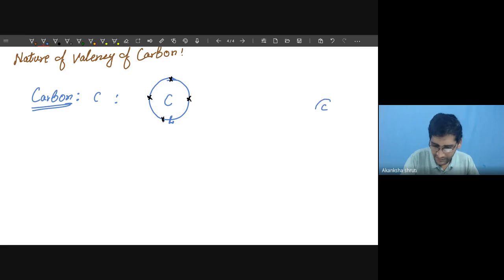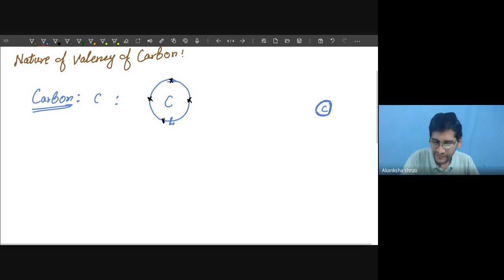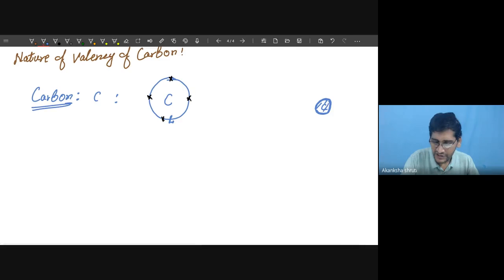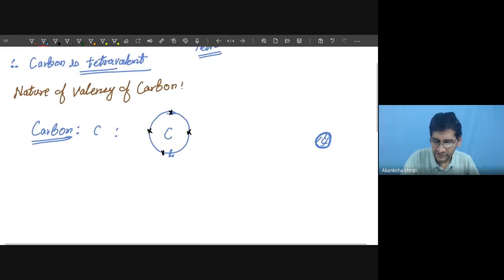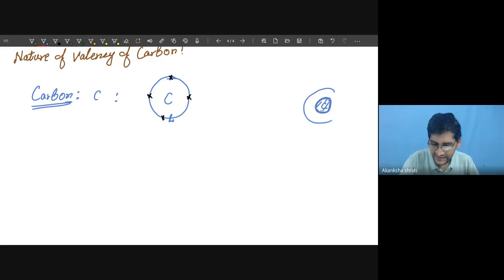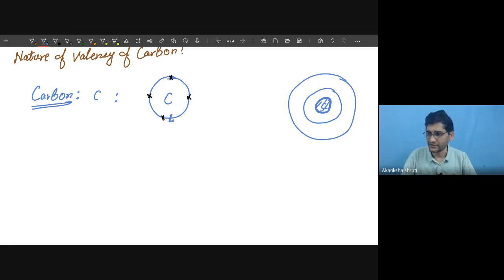Like this is the carbon, say this is the carbon nucleus. So you may hatch it. First you draw the K shell, then you draw the L shell. You may draw like this also. Okay, it is also okay.